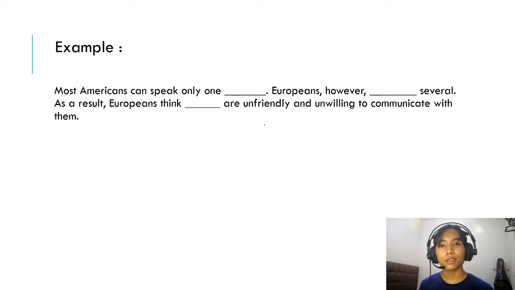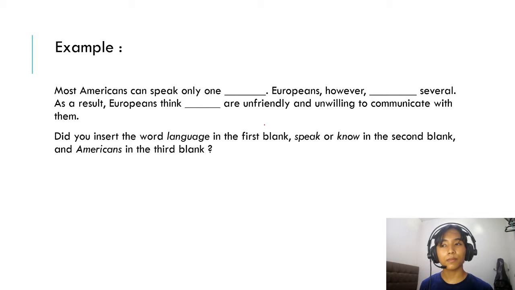Okay, stop. Did you answer the word language in the first blank, speak or now in the second blank, and Americans in the third blank? If you did, you are really good. And if not, don't worry because we are still in the learning process.